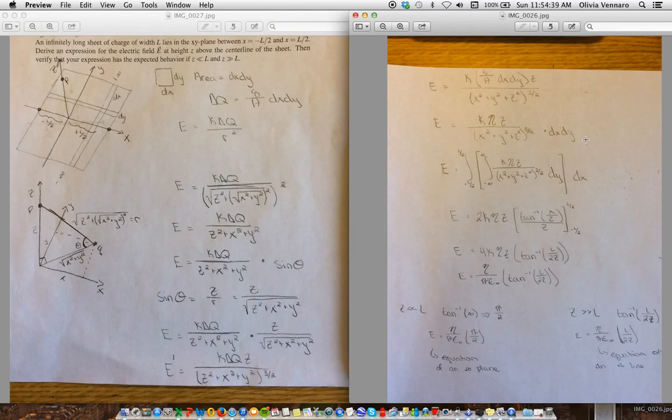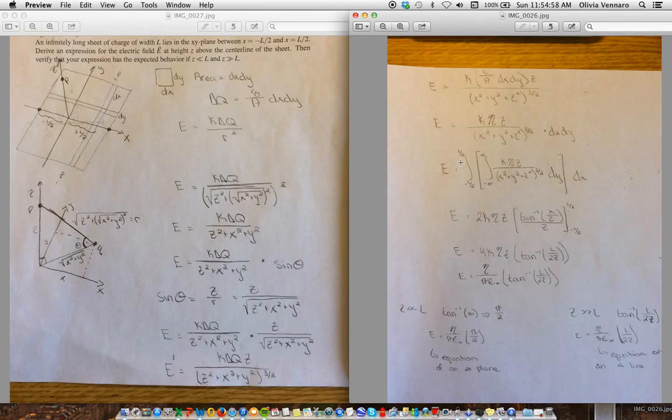And the dx dy tells me that I have to do a double integral, so I have to integrate over y and x. So the integral over y would just be from negative infinity to infinity, and in x it would be negative L over 2 to L over 2.